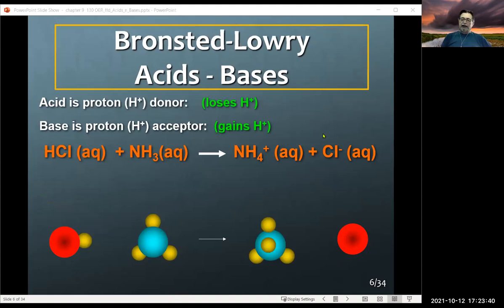So that definition, as far as the base, was kind of a narrow definition. So a second definition came about called the Bronsted-Lowry base. Now, with respect to an acid, no matter how you look at it, you're making a proton.